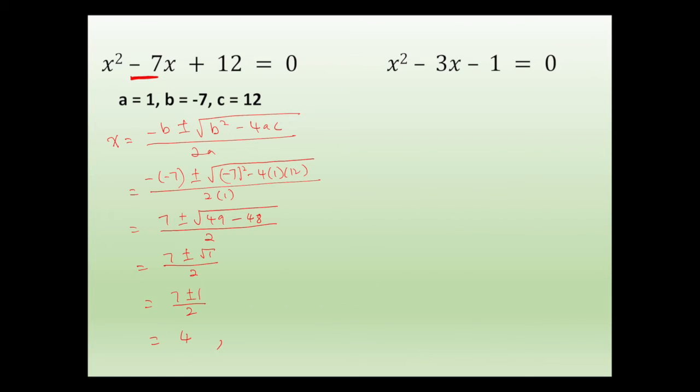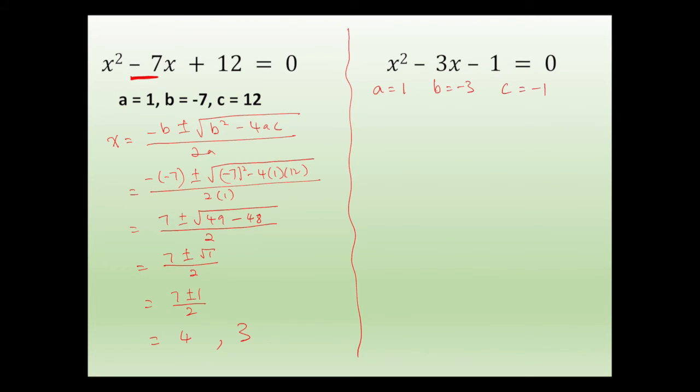And 7 minus 1, which is 6 divided by 2, that's 3. So you still get the same solution. So I would suggest that if you can factorize it into two integers, do the factorization.